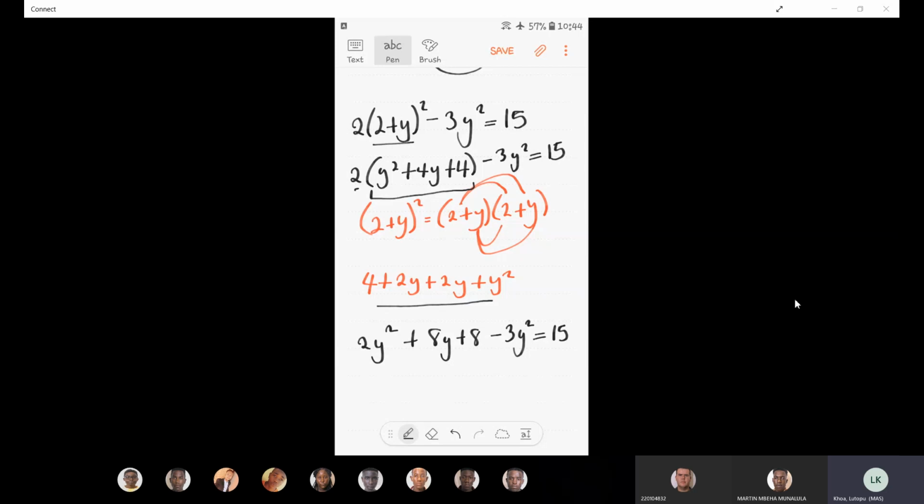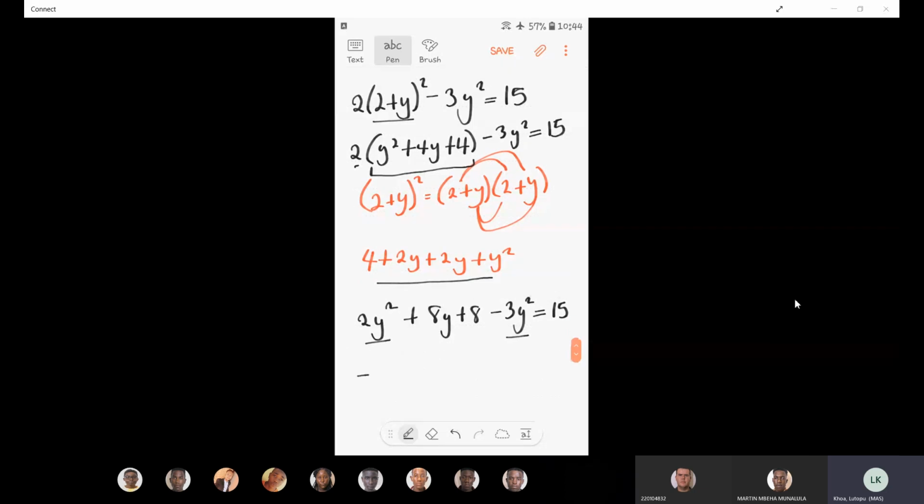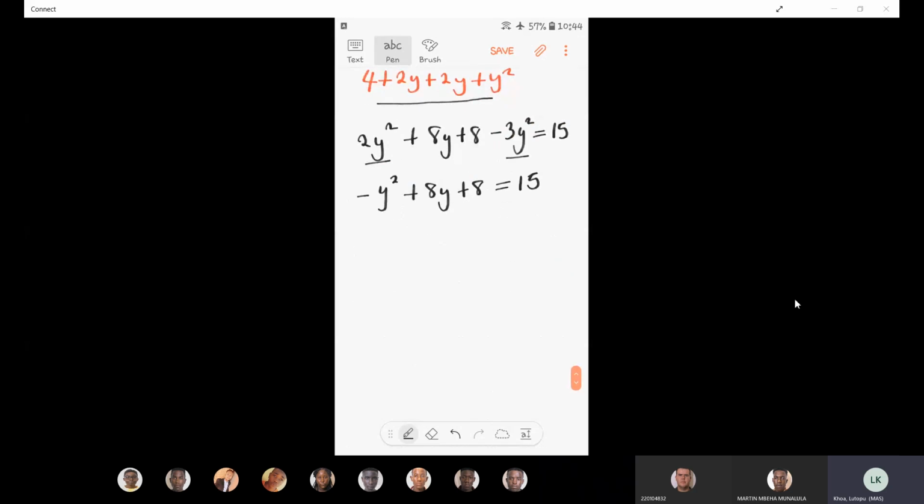Then collect your like terms. I see I have y squared and I have y squared over there. So that should give me negative y squared plus 8y plus 8, and this is equal to 15. So again, quadratic equation, we like everything on one side, 0 on the other side, and we like the coefficient of the y squared to be positive.